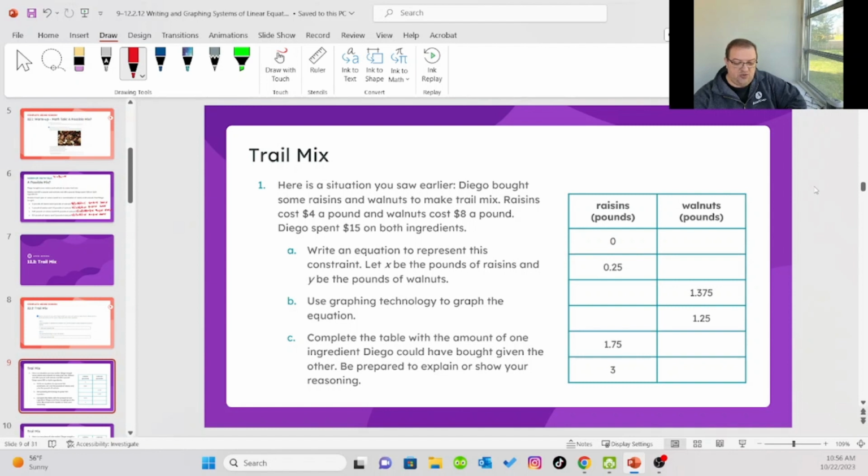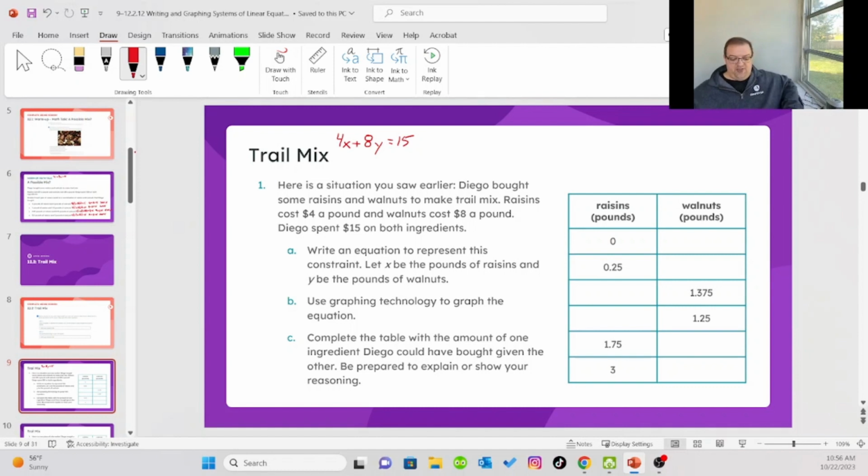Write an equation to represent this constraint. Let X be the pounds of raisins and Y be the pounds of walnuts. So this is the equation we used on the previous page. So that is 4X plus 8Y equals 15.